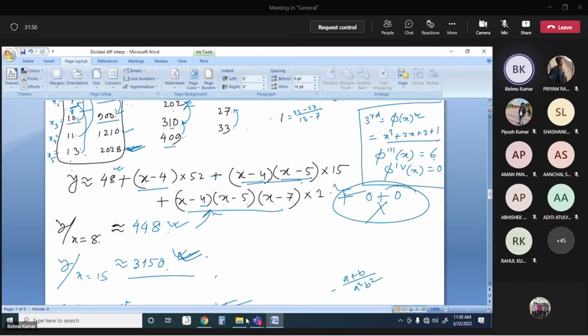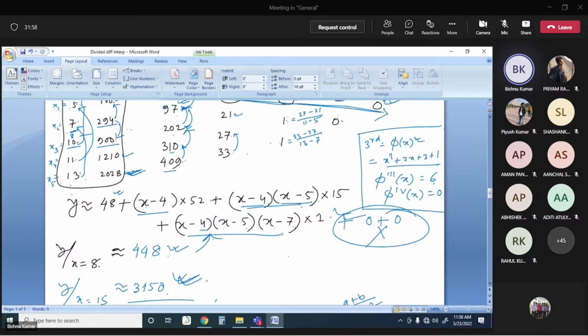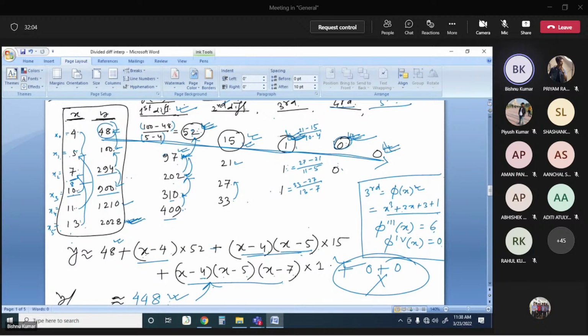So can you use this numerical technique, Newton divided difference interpolation, with another given set of data points? The main logic is: construct the difference table, pick up the upper diagonal elements, create the interpolated polynomial, and using that polynomial calculate the query points.